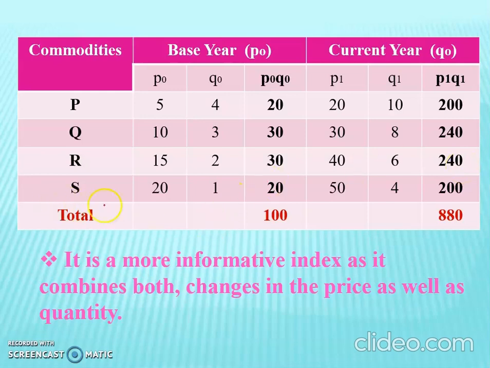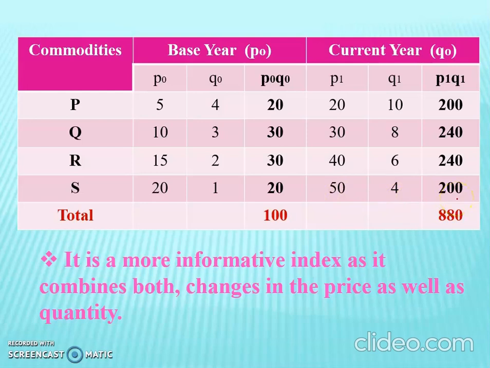For commodity S, 20 is the price and only 1 is the quantity produced, so P0 Q0 is 20, while 50 is the price and the quantity is 4, so 200 is the value of that particular commodity.